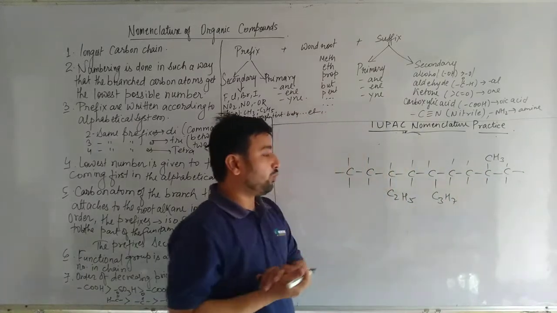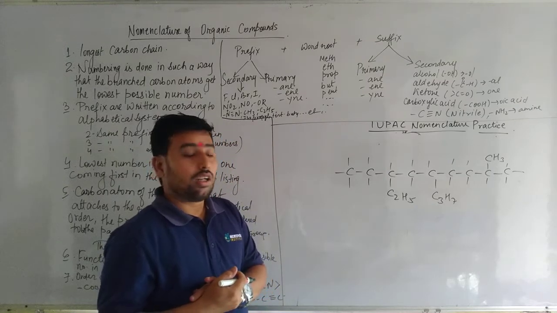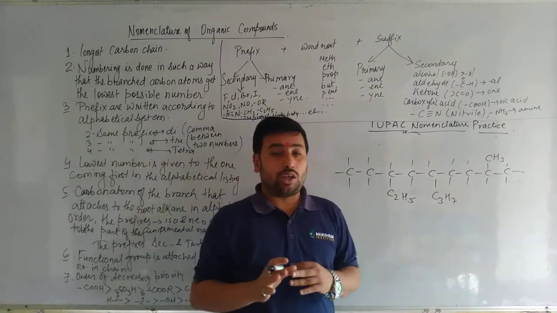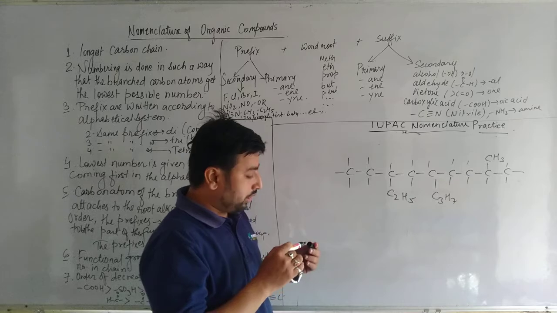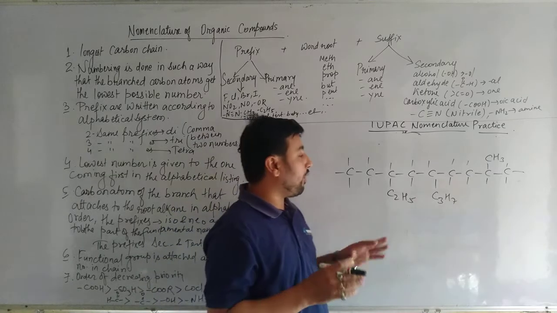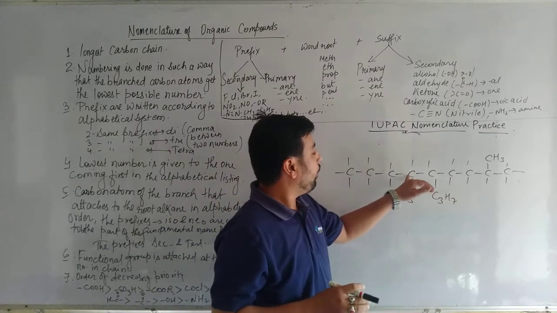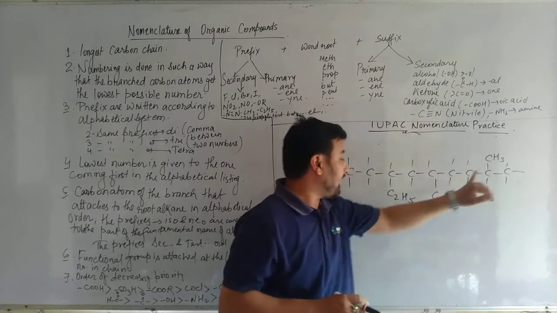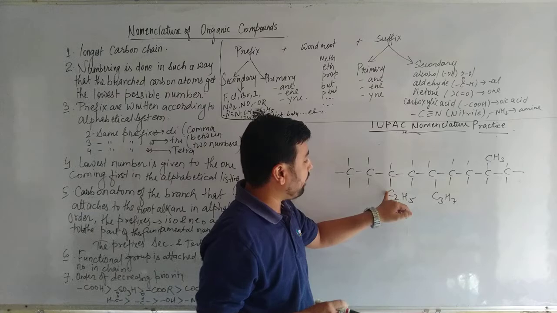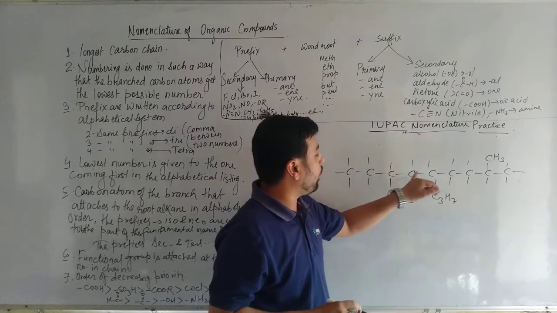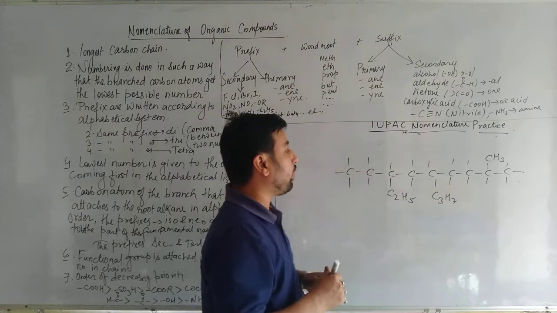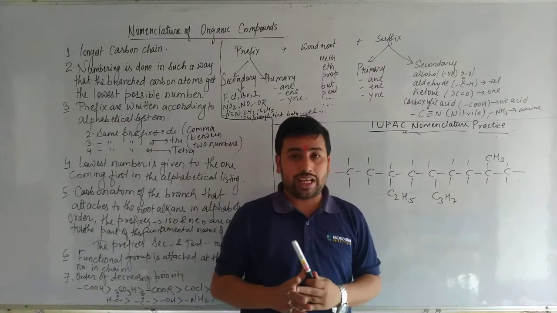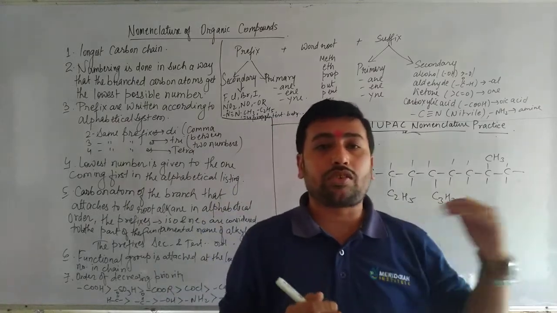Now I am asking you about the numbering. As I have already said, if we go through this, you can say here how it will come: 1, 2, 3, 4, 5, 6, 7, 8, 9 carbons. So we will go through the straight chain, right? The longest carbon chain is the straight one.